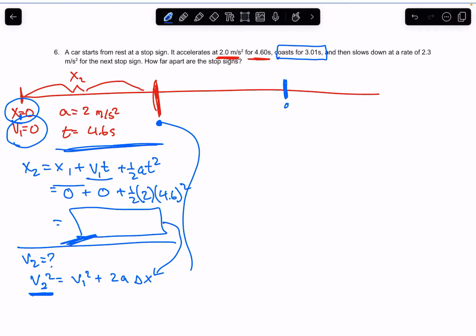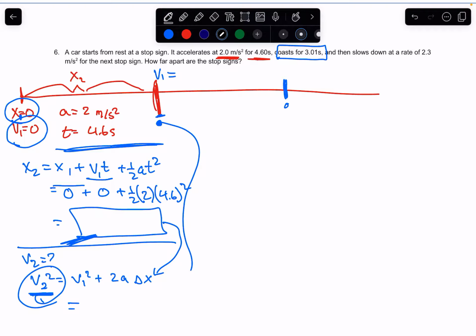This v2 that you get will really be the v1 at segment 2. So watch that. I'll make it black. Whatever you get here, the black number goes here. So that's your v1 in this problem.